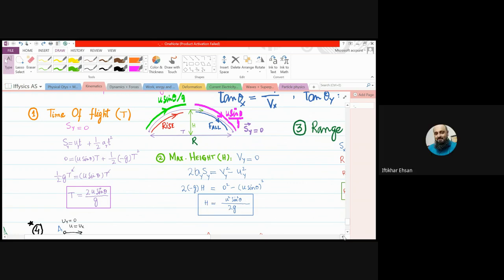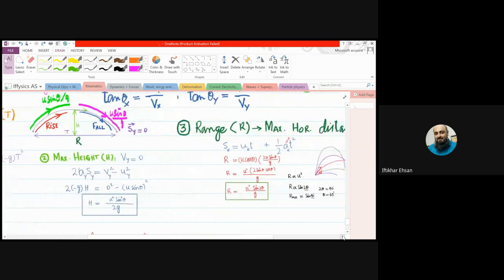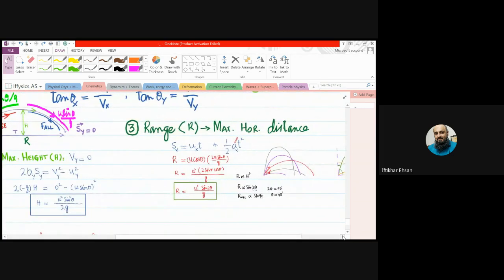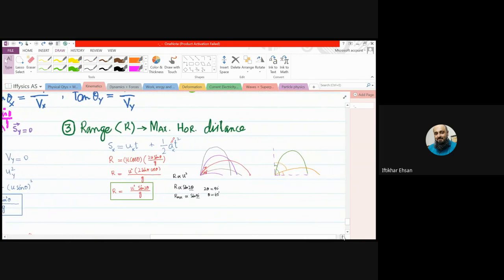Okay. Now, Shamas, the next is range. This is very important. When we talk about the weaponry power of a military, it depends very much on the range of its missiles. What do we mean by range?